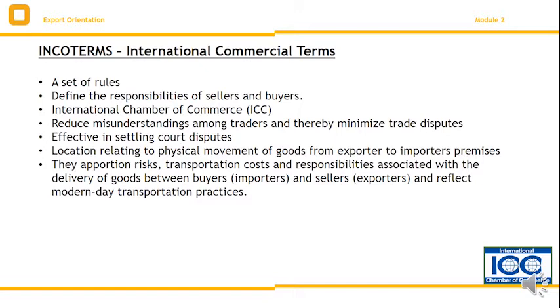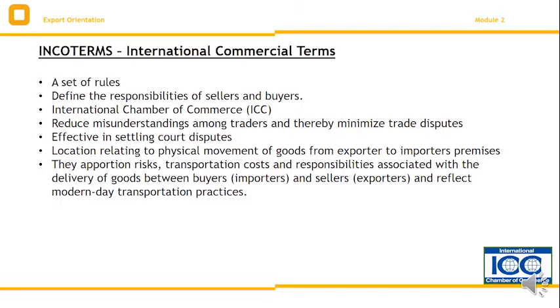They also provide information on the location when it comes to the physical movement of goods from the exporter's premises right up to the importer's premises. So the different locations will be indicated, and the role and responsibility of the importer and the exporter will also be indicated at those points.